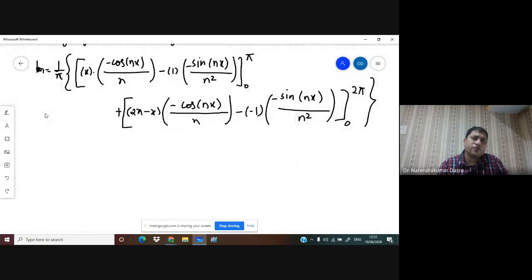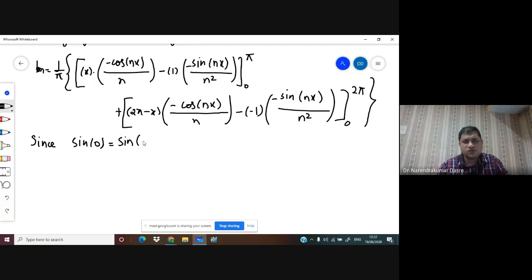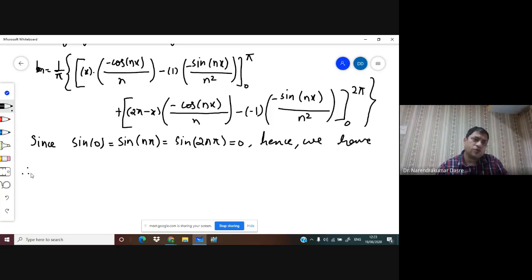Now we have to apply the limit. So what we can say is, since sine of 0 is equal to sine of n pi is equal to sine of 2n pi is equal to 0, and hence we have bn is equal to 1 upon pi.